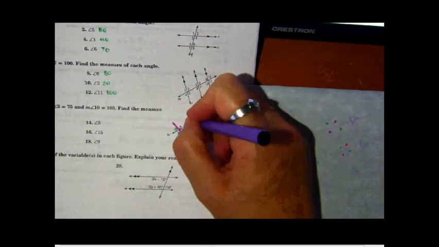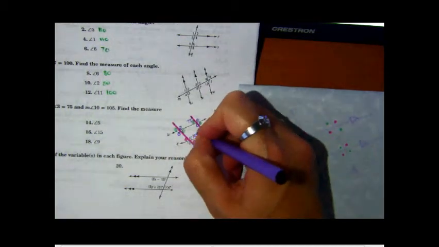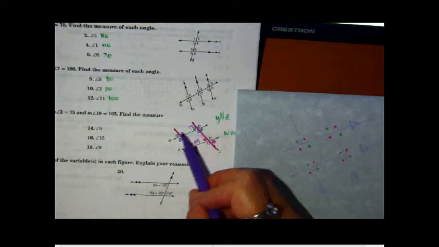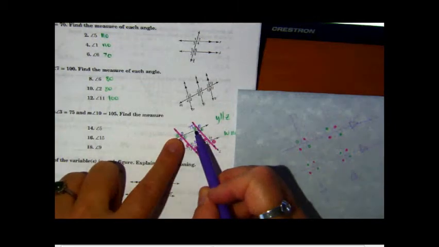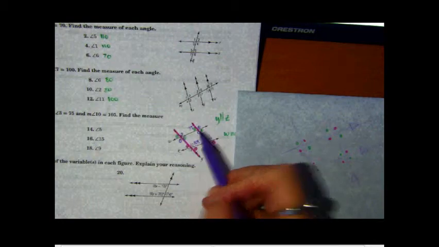Okay, so looking at these, being told angle 3 is 75, and angle 10 is 105. Angle 2 and angle 3 are going to add up to 180. So this is actually going to be 105. Angle 7 is the same color as angle 2.